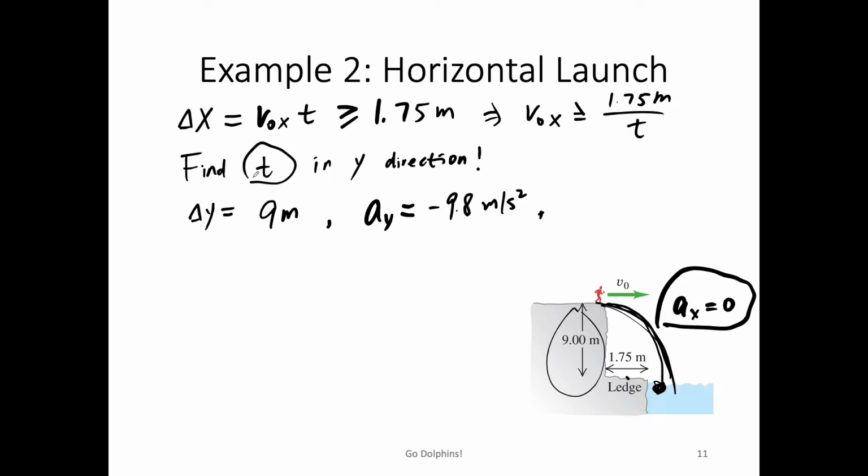We're looking for t. We have found 2, delta y 9 meters and a_y negative 9.8 meters per second squared. What's the other information we can have for the y direction? What's the initial velocity in the y direction based on the problem?